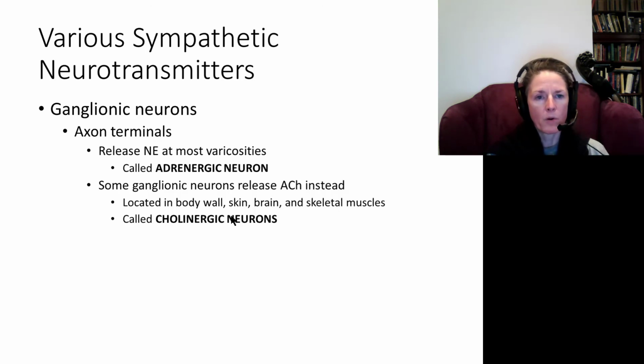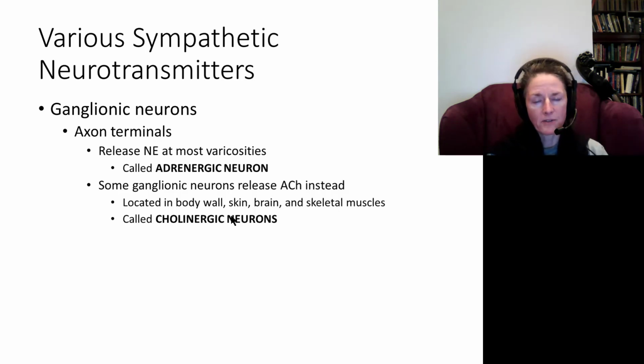The other important distinction between the sympathetic and parasympathetic nervous systems is that the sympathetic nervous system uses mainly norepinephrine, some acetylcholine, and sometimes nitric oxide as the thing that is released by the postganglionic neuron on the effector.